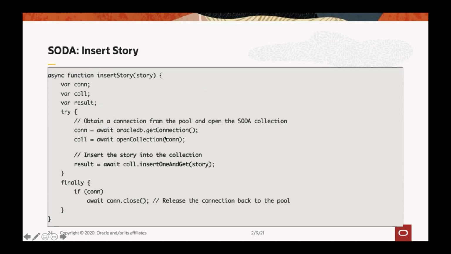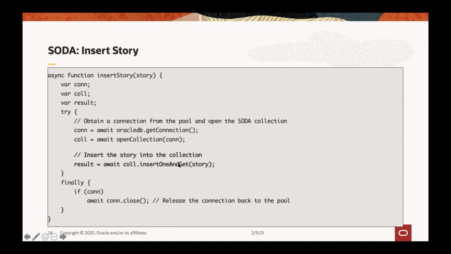So you use a connection to open a collection, and you would insert a story into that collection. Here you say await collection.insertOneAndGet. You feed in a story, you wait for a response. This is insertOneAndGet.